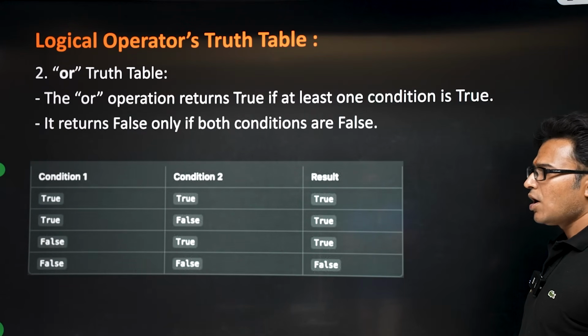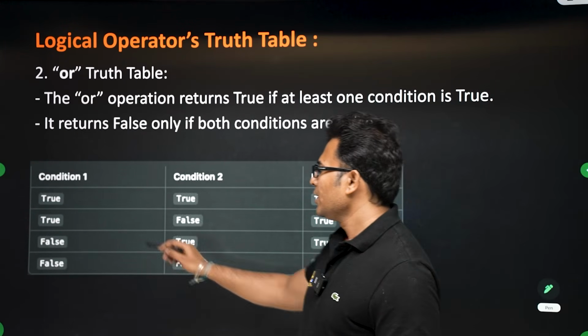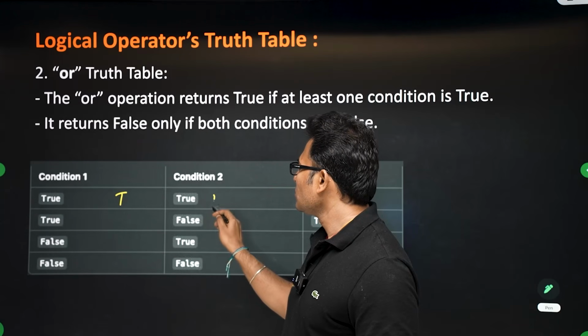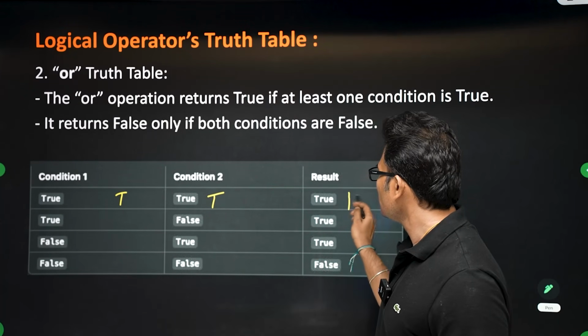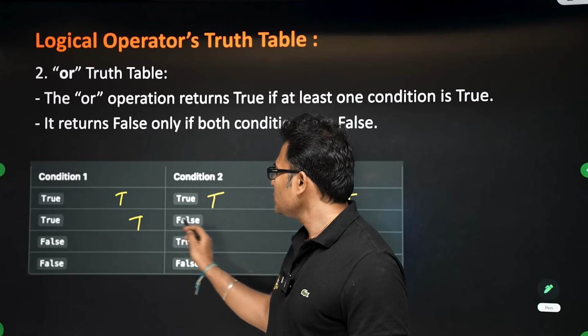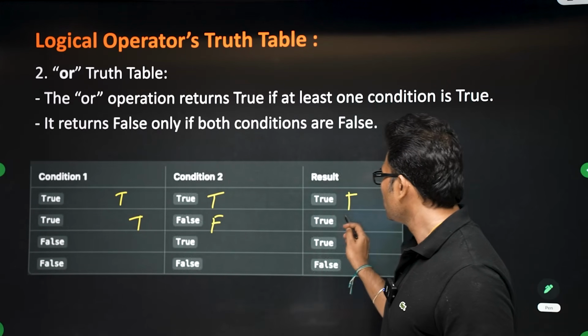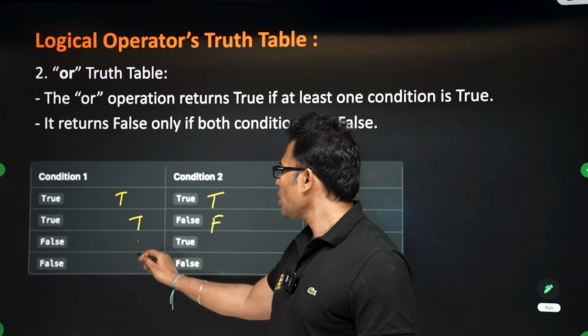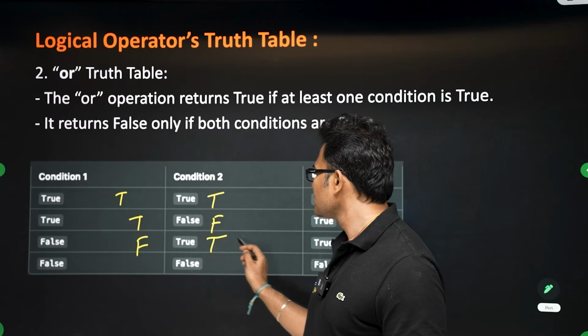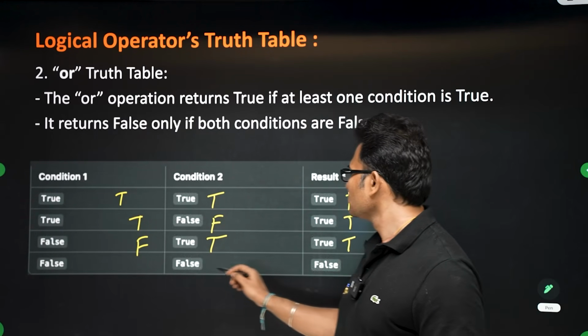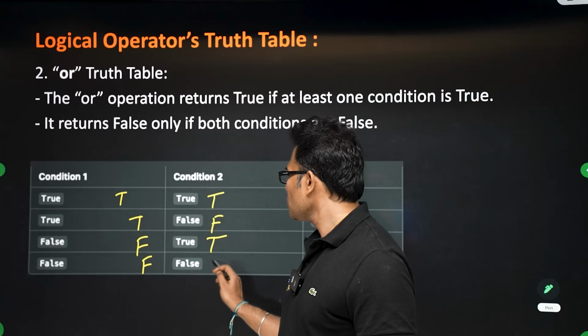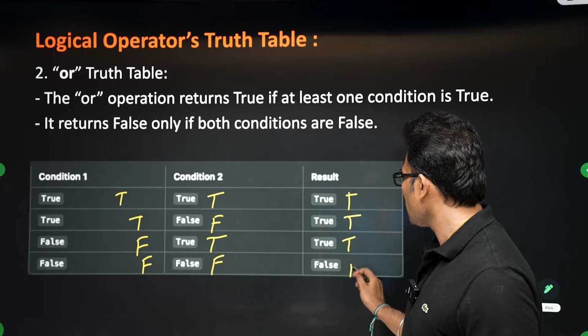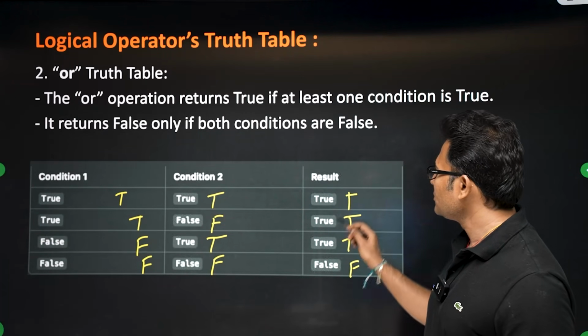Coming to OR, how does it work? True or true is true, true or false is true, false or true is true, false or false is false. So what does it mean?